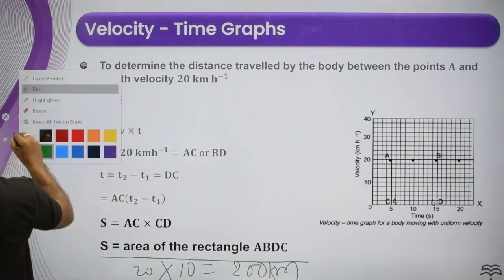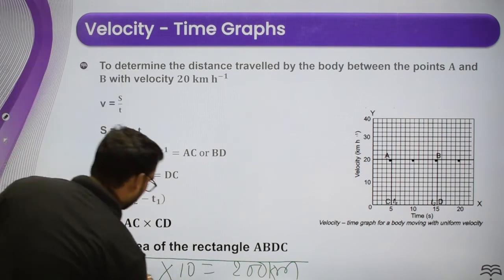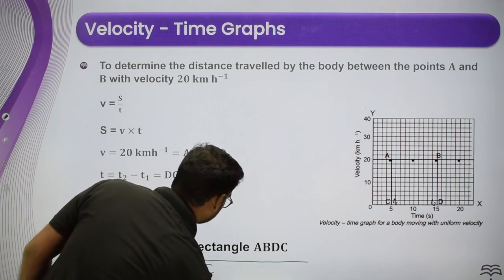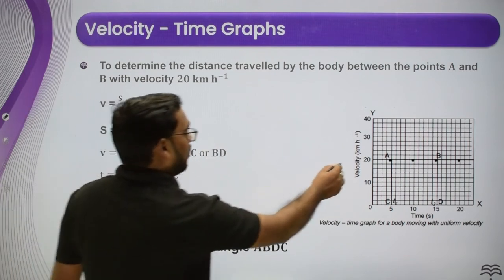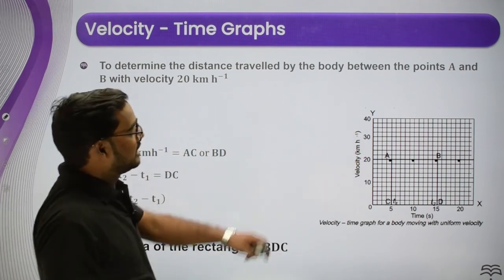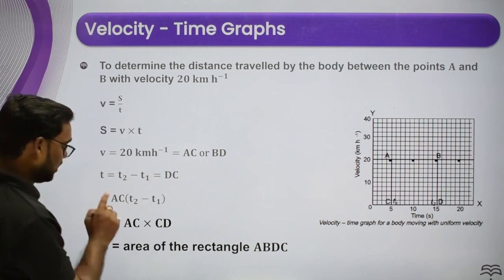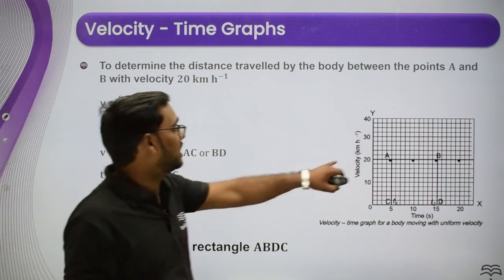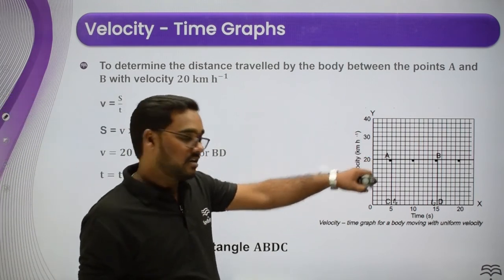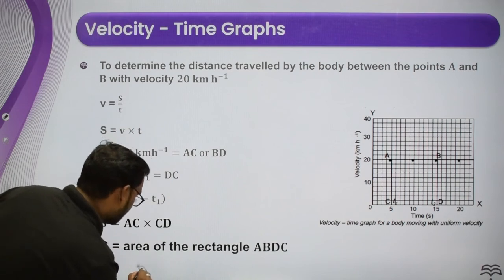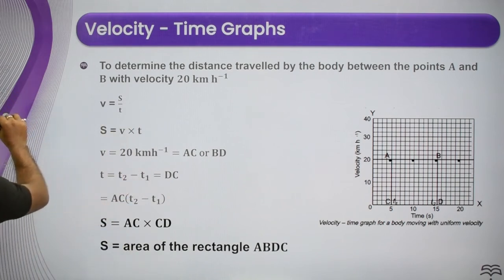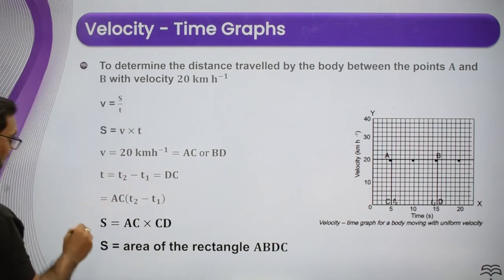First you need to calculate the velocity in meter per second, because it is given as 20 kilometer per hour. You need to change the 20 kilometer per hour into meter per second, and then you will get the answer.